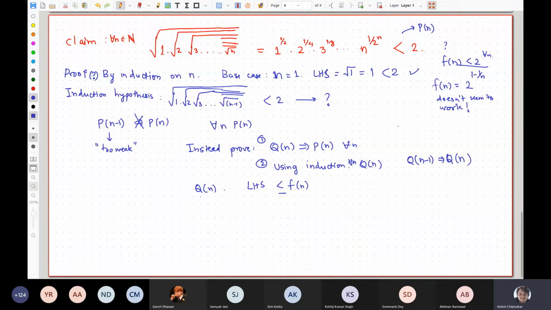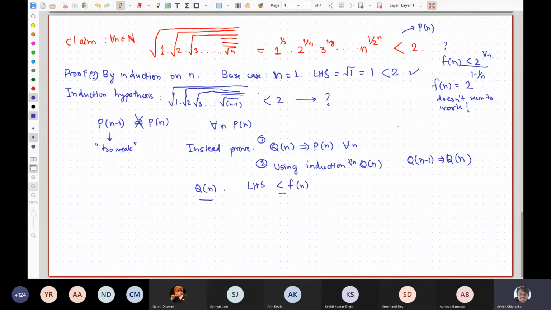So this is the claim Qn. The two things you need to prove are that Qn implies Pn, for which it is sufficient to prove that Fn is less than 2, and then you will prove this claim Qn using induction. So you will prove that this weird left hand side is less than Fn using induction. Okay, good. So give it a try.